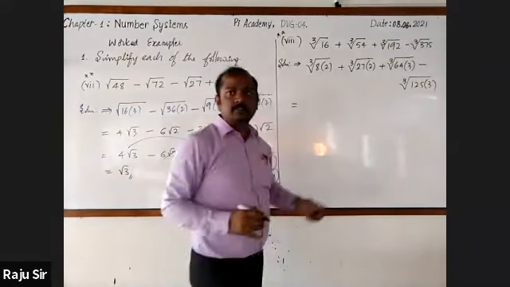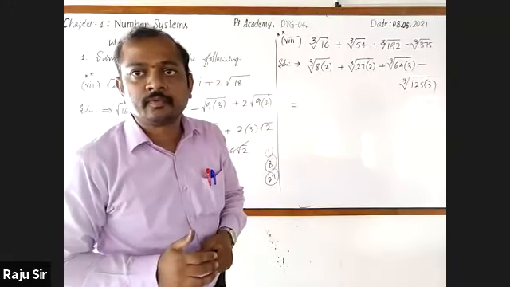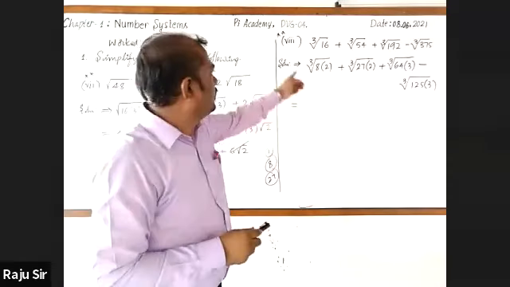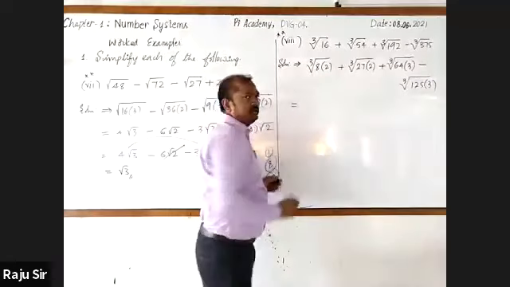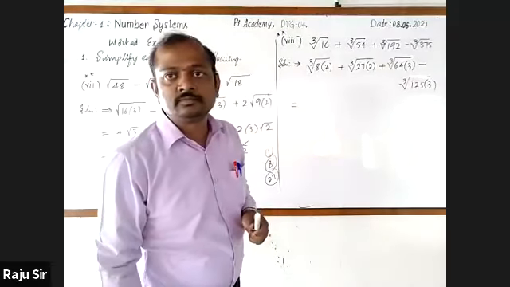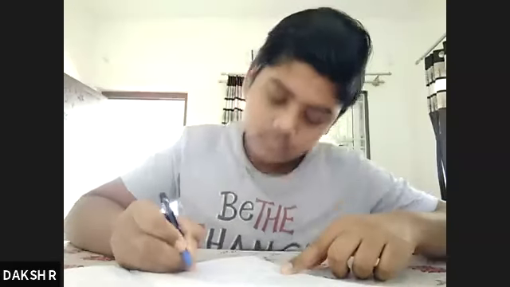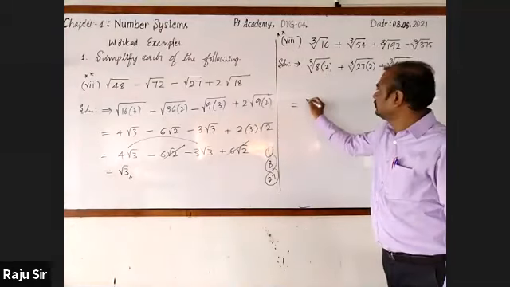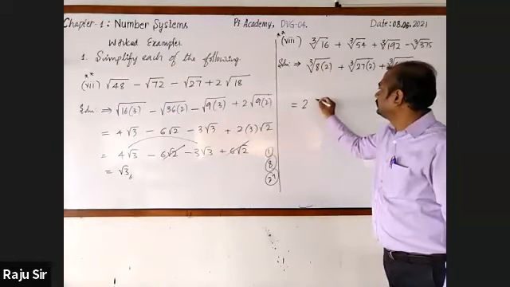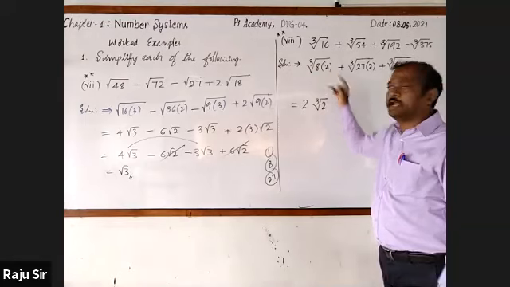How to write the first term? We have cube root of 8 into 2. What is cube root of 8? 2. Yes. Cube root of 8 is 2, then cube root of 2 as it is.